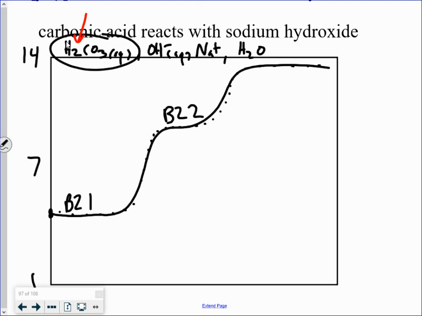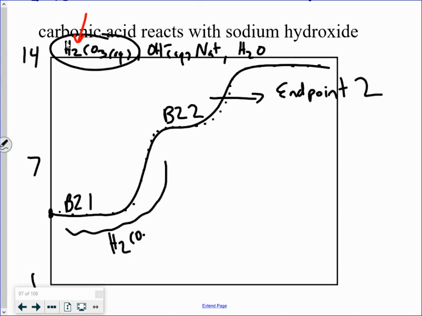Okay. So what's tricky on the diploma is they could pick like here and then ask you a question about what's going on right there. What's happening there? Well, that's our second endpoint. All right. Now it could say what's the reaction that's happening there. Well, here we have H2CO3.